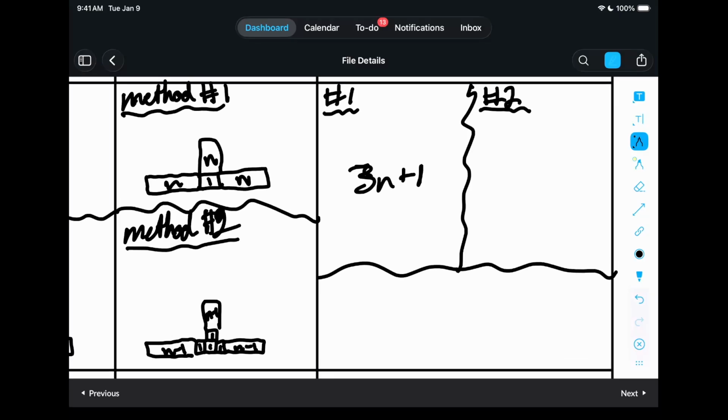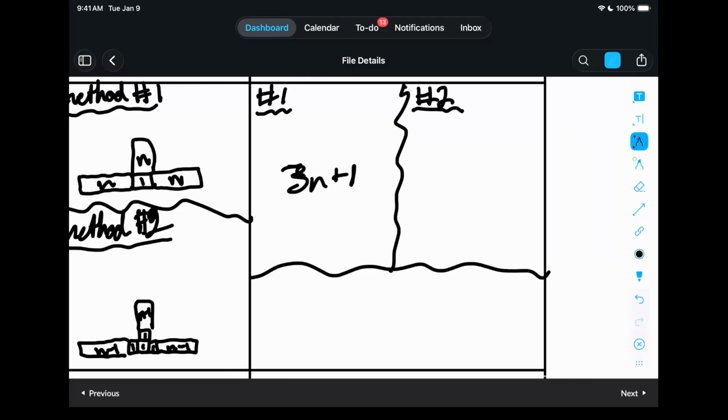Number 2, we have n minus 1. We have 3 of those. Actually, I'm gonna put a 3. So I know how to factor.